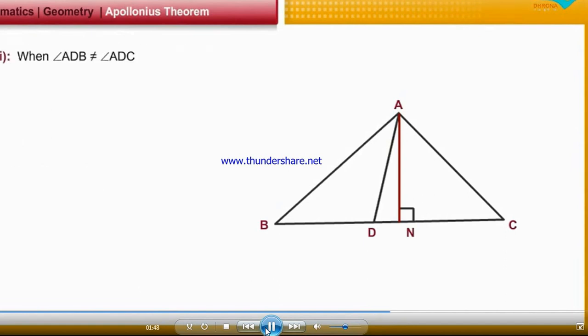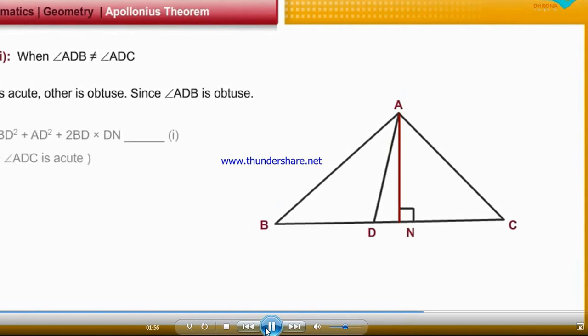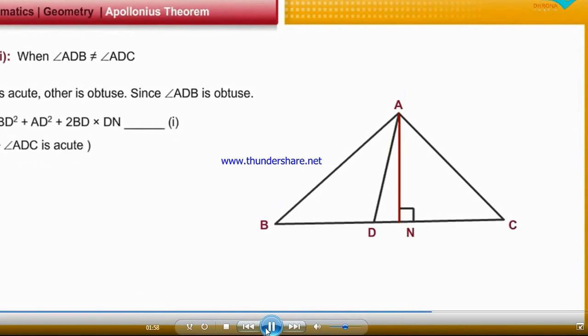Let's take second case. As angle ADB is obtuse, angle ADC is acute. So, AB square is equal to BD square plus AD square plus 2BD into DN. Consider it as first equation. And AC square is equal to DC square plus AD square minus 2DC into DN.